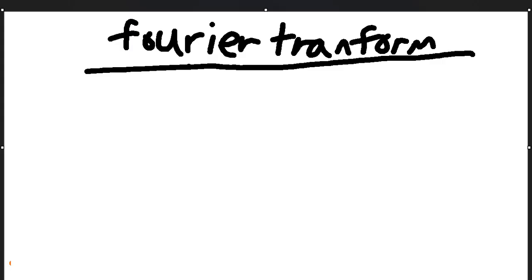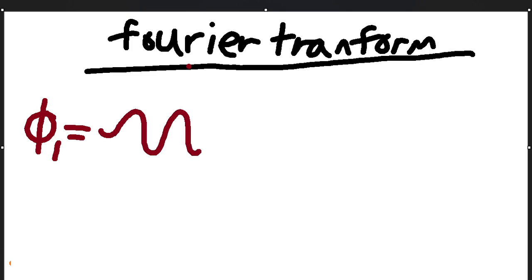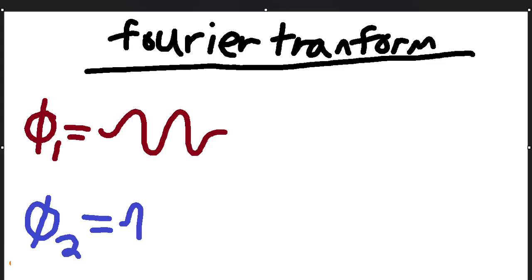So let's say that we have a wave that we call phi1, and it's equal to something like this. Now we'll have another wave, phi2, which we'll say is equal to some other wave.